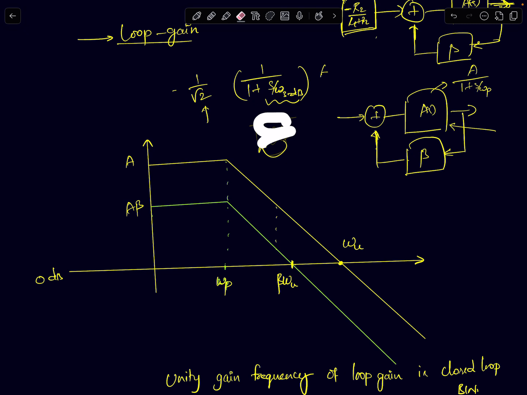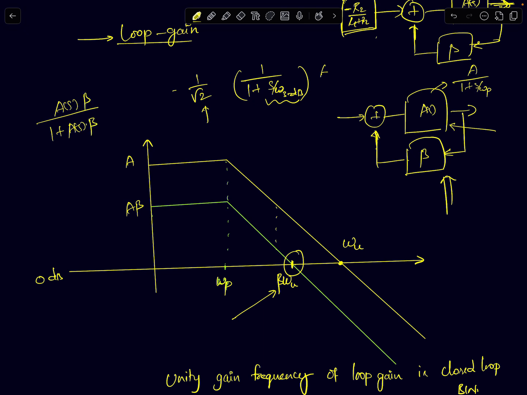The only thing I need to figure out when I'm plotting loop gain, I said this is the point where loop gain becomes equal to 1. So if I start with a closed loop system that looks like this, with a forward path gain of A of S and a feedback path gain of beta, the closed loop response can be written as A of S upon 1 plus A of S into beta.